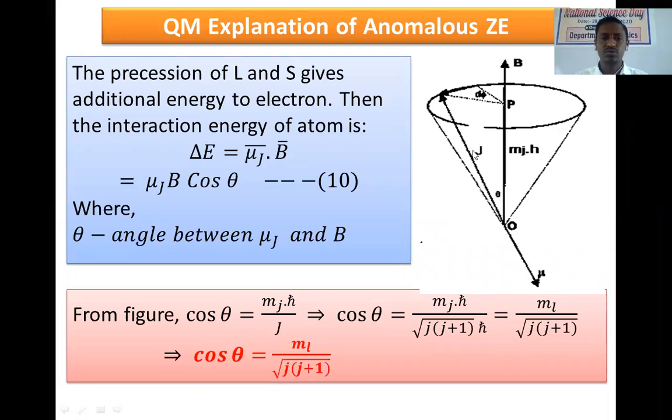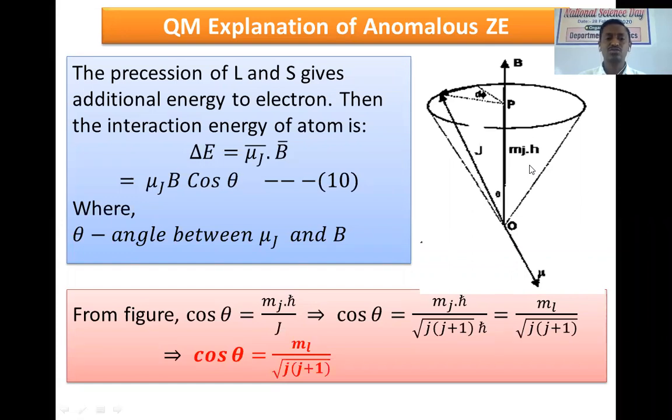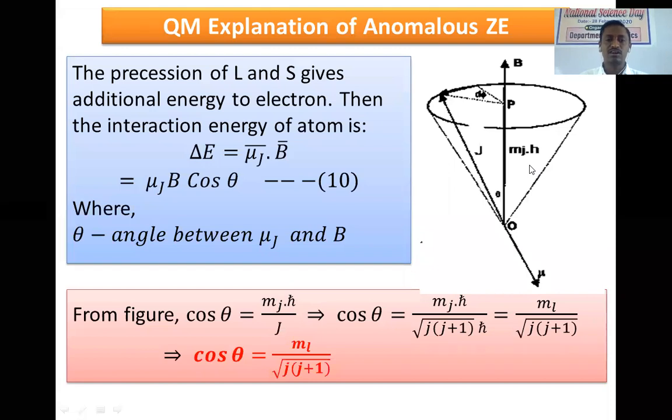So L and S give additional energy to the total angular momentum of atom, that is for the capital J, and this additional energy achieved by electron is called the interaction energy. And this value of interaction energy is responsible for splitting of a single line into various components.